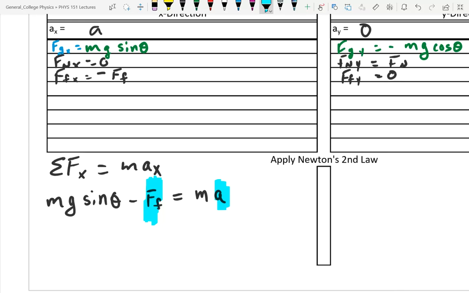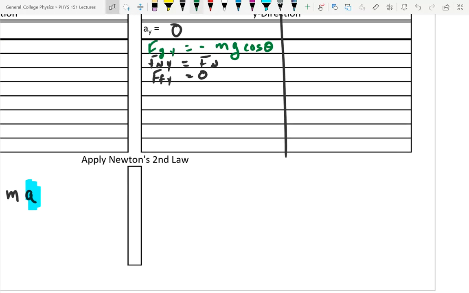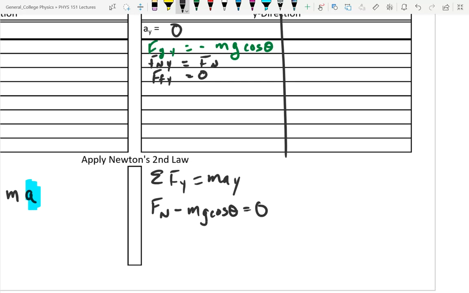So this equation is done for now because I don't know the things there that I highlighted. So I move over here, go to the y direction. Once again, reading down, I have this. Well, this does allow me to directly calculate force normal.